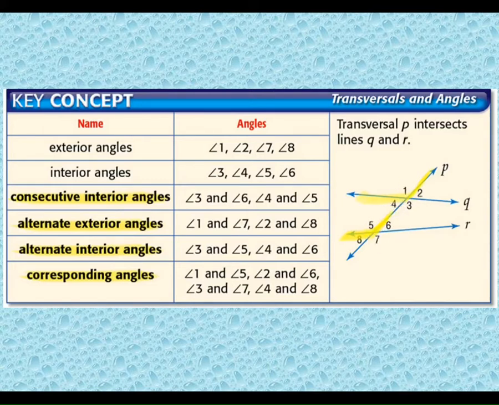So 1 and 5 are corresponding. There's a bunch of different corresponding. 2 and 6 are corresponding. Remember, 2 and 3 make up a linear pair. They lie on a straight line. Those two add up to 180. And then it's the next one. So it's 1 exterior, 1 interior. Okay, but they're on the same sides of the transversal. We have a couple other pairs of corresponding.